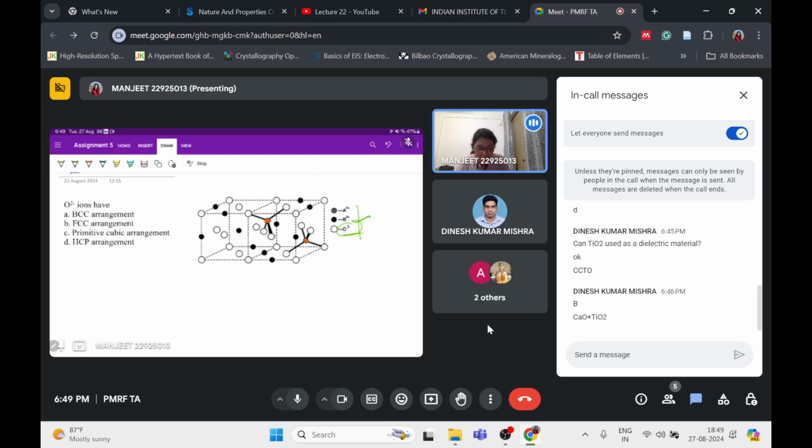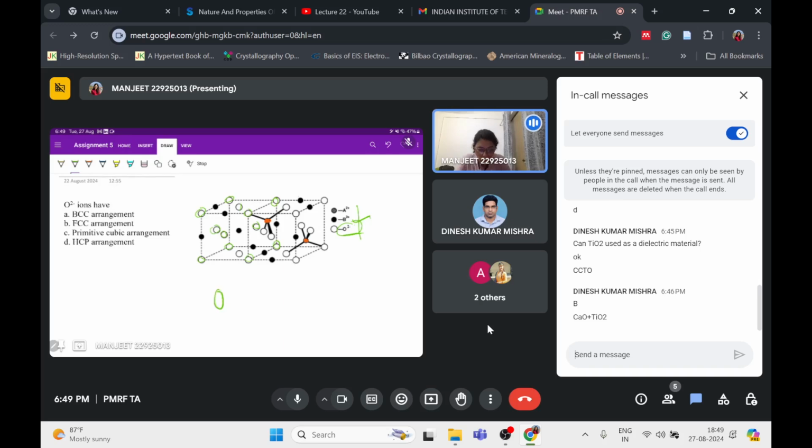If you see from here, these O2 negative ions are present at the corners of this lattice and also at the face centers. This is also true for the outer part: they are at the corners of the lattice and at the face centers.